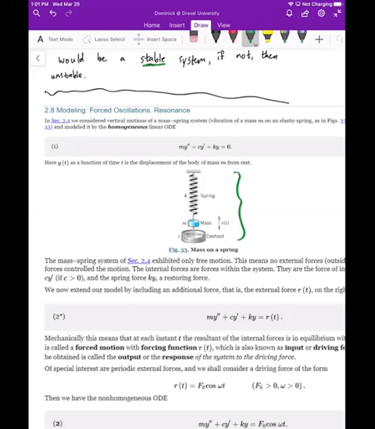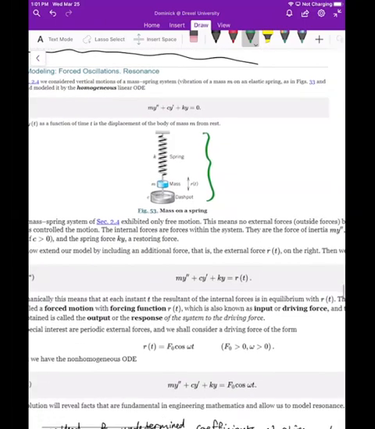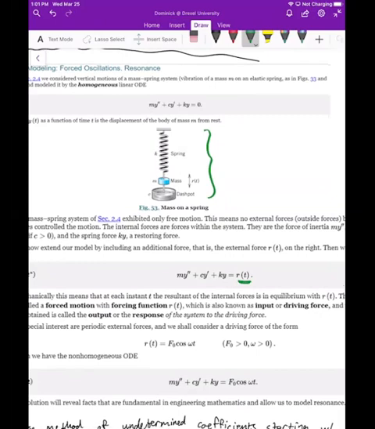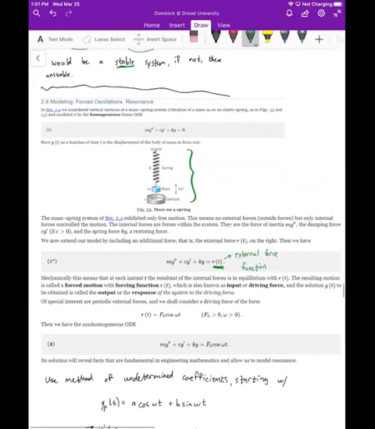Now, again, the idea is that we're going to extend this by now introducing a forcing function, which is R of t. So this is some sort of external force function here. And this, of course, is now going to change the dynamics of our mass spring system.